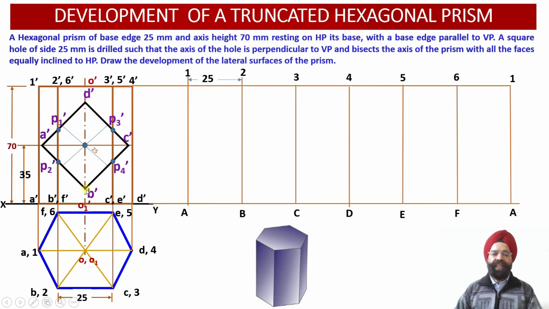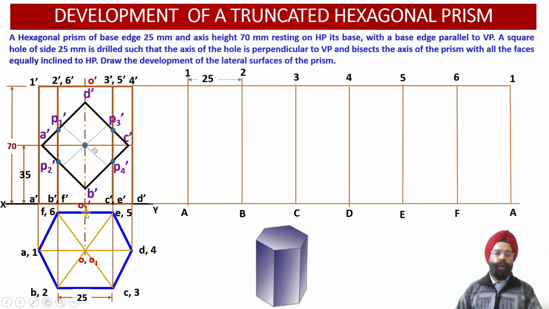Another 2 points of intersection happen to be B dash and D dash over here. So B dash and D dash points are not intersecting with any of the vertical edges. Rather, they are intersecting with the midpoint of the base edge EF and the midpoint of the base edge BC over here. That is, this is the midpoint of BC, this is the midpoint of EF over here.